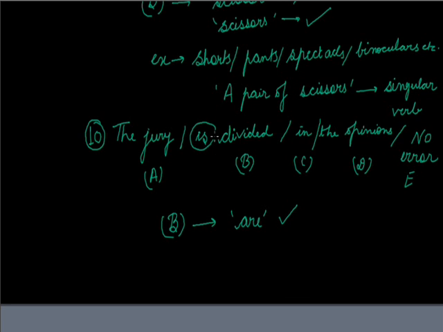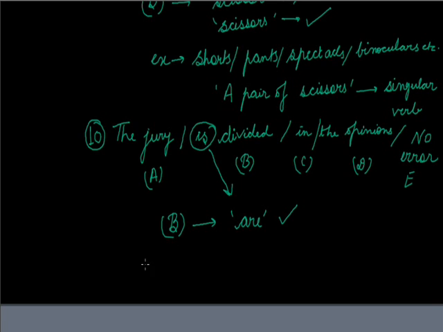In the place of is, you will be using are. Because here, as the word jury is a collective noun, it generally takes a singular verb. But if it functions dividedly, not in unison, we will be using a plural verb.